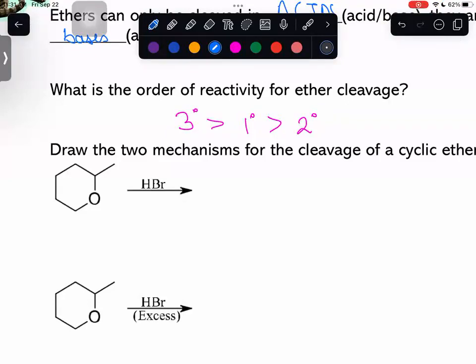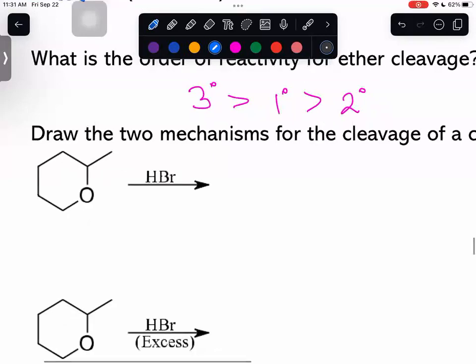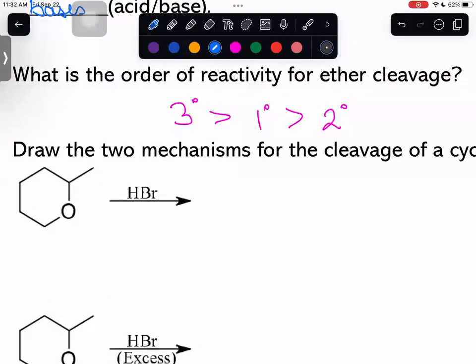So this ranking right now doesn't make sense, so let's look at the mechanism first. I have a normal cyclic ether and HBr. What's that? It's a strong acid, exactly. So the acid is going to produce a cleaving of that ether. The very first step is your acid-base reaction. Why?